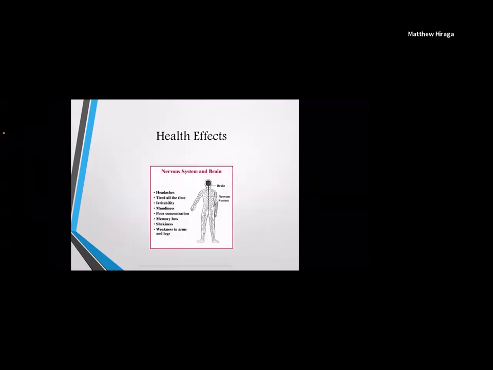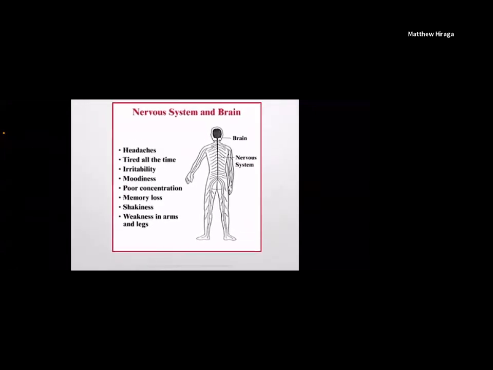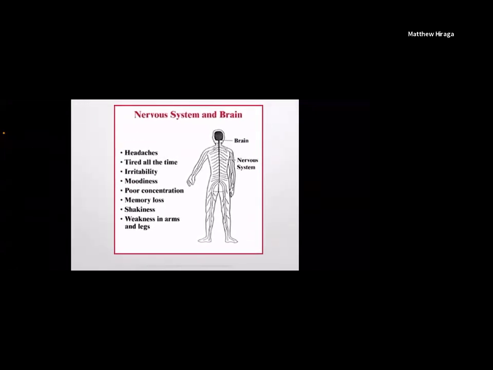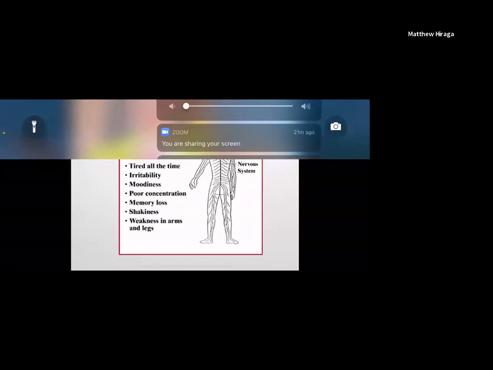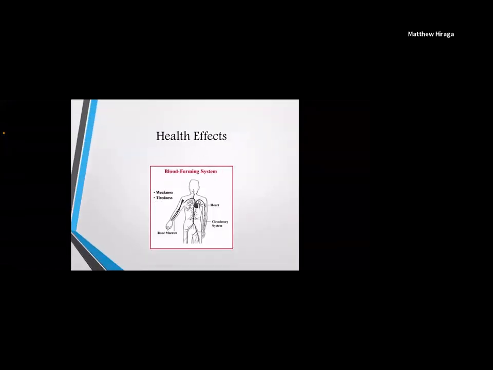And then this is just showing you examples of how it can affect your brain: headaches, tired all the time, irritability, moodiness. I feel like I have this without lead exposure, but those are common symptoms of the exposure. Okay. It can affect blood forming systems like your heart, cardiovascular system, bone marrow inside, nausea, constipation, diarrhea.